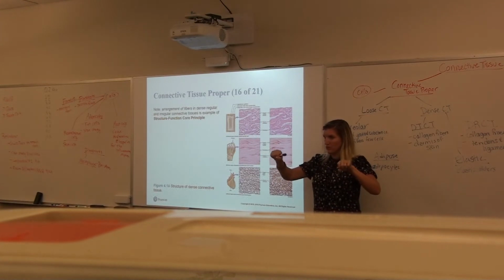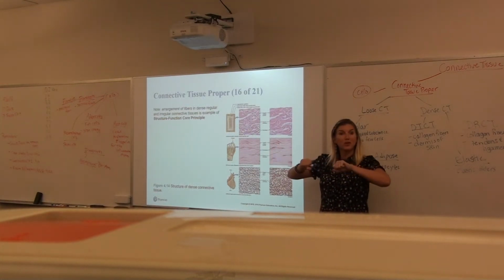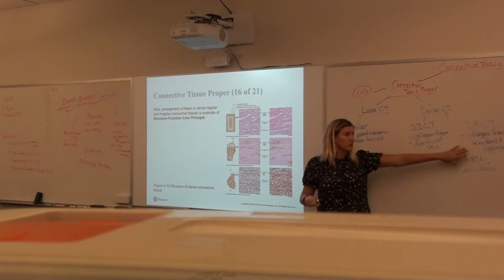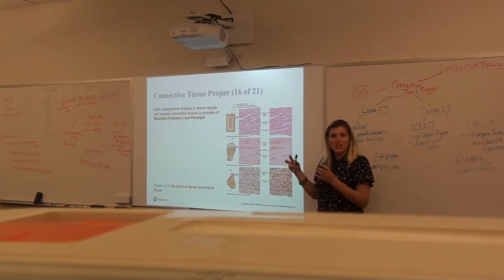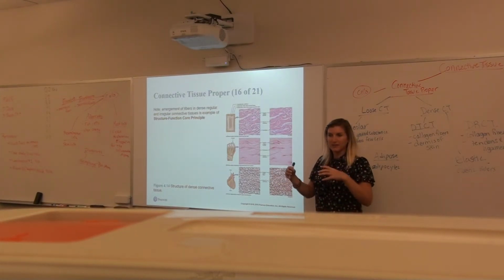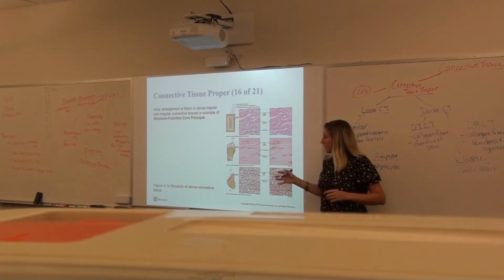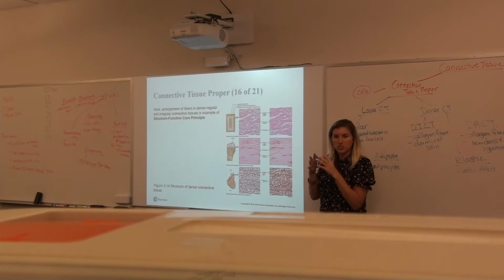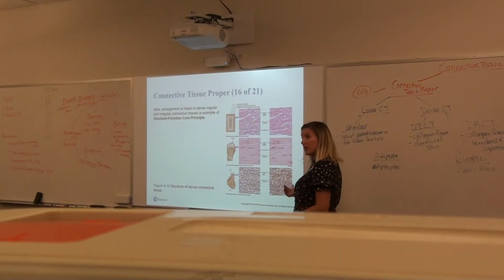So you pull a little this way, it's not going to do much. You pull a little this way, it's not going to do much. These make great connectors, which is why that's what our tendons and ligaments are made of. And then we get to elastic tissue, which has a lot of spring and resiliency and can bounce back. So it's good for areas that need to expand and contract quickly, come back to shape with that springing action. That's what those elastic fibers help elastic tissue to do.